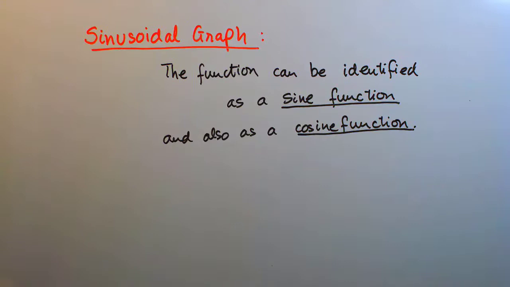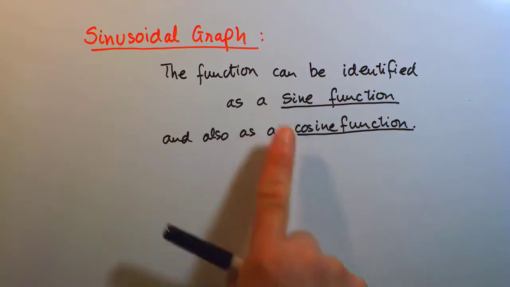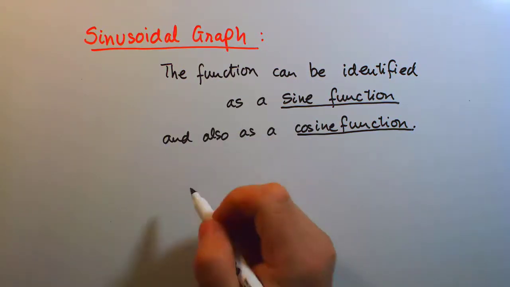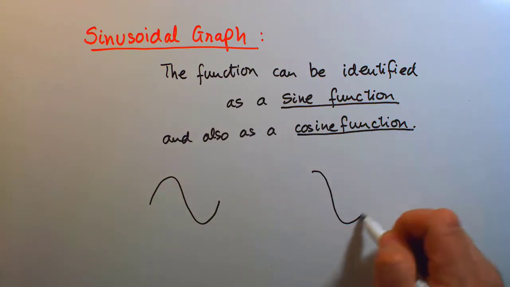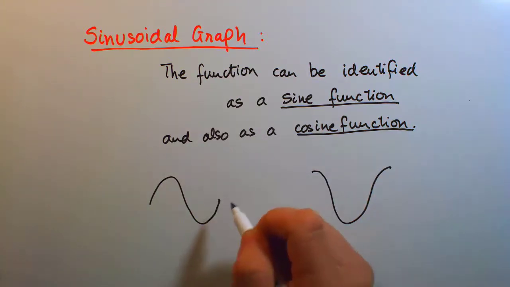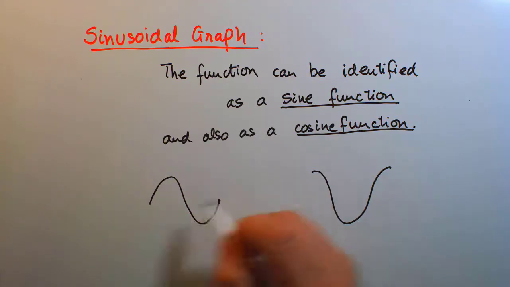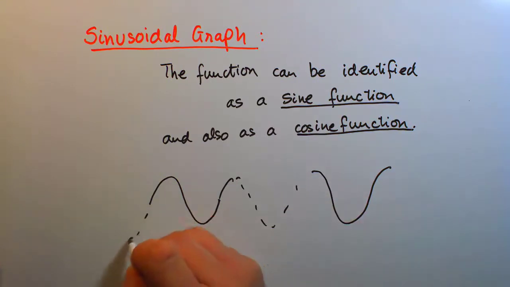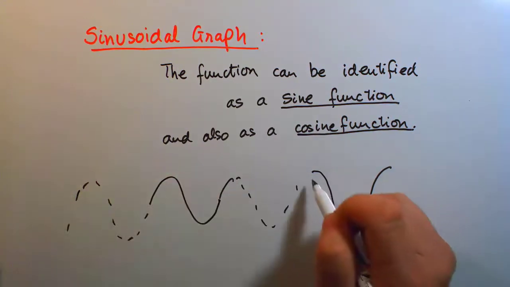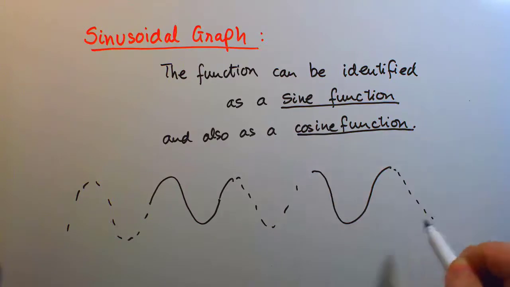And that makes perfect sense with what we have learned previously. Once we have learned graphing a sine function or a cosine function, then from the base unit of either one, once we start replicating the same base unit infinitely many times, we end up with what we call the complete graph.